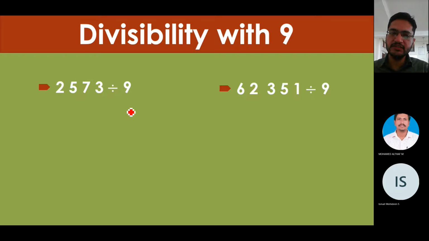Now more questions. Next we have 2573. First number as it is, 2. Now I will add 2 in 5. This is 7. Now 7 plus 7, that is 14. And 14 plus 3, that is 17.